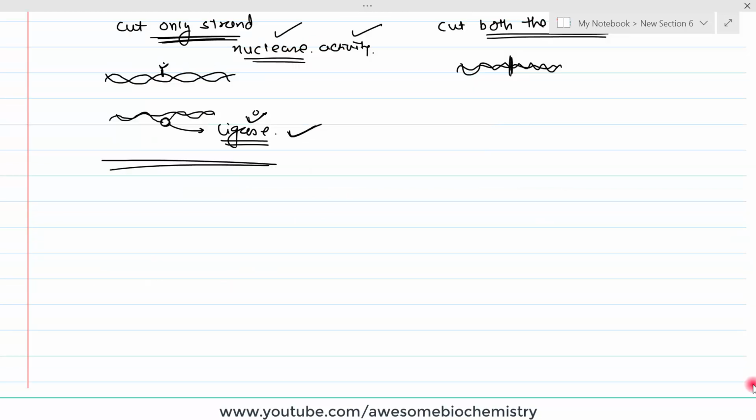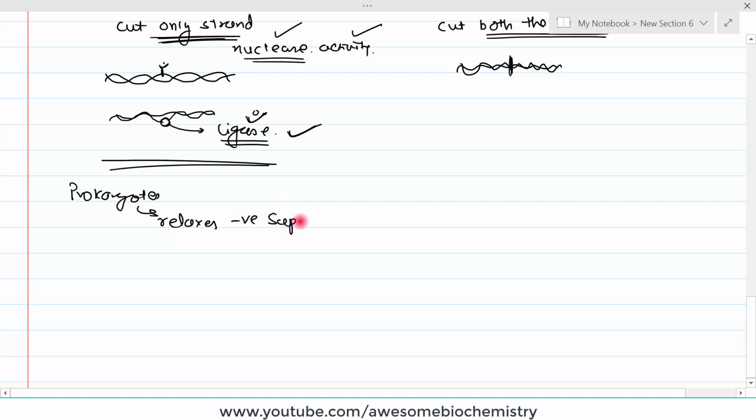Now let's say in case of prokaryotes, type 1 topoisomerase relaxes negative supercoils, whereas in eukaryotes, it relaxes both positive as well as negative supercoils.